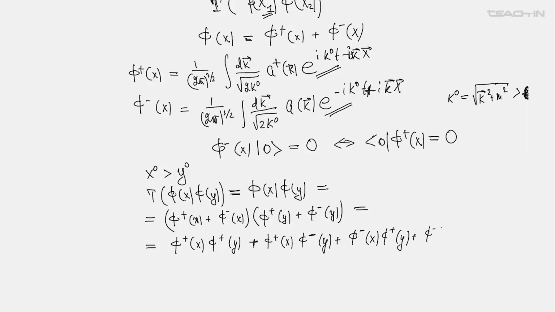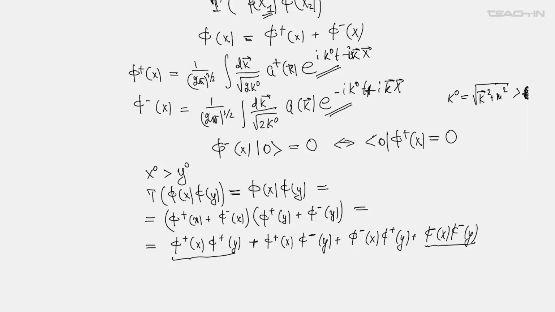Let's look more closely at this expression. What do we see? We see that this term depends only on creation operators, and here we cannot do anything. These are all creation operators, and the creation operators commute among themselves. Here, the expression depends only on annihilation operators, and this is okay, so it's already normal ordered. Here, the annihilation operator is to the right of the creation operator, so this term is already normal ordered.